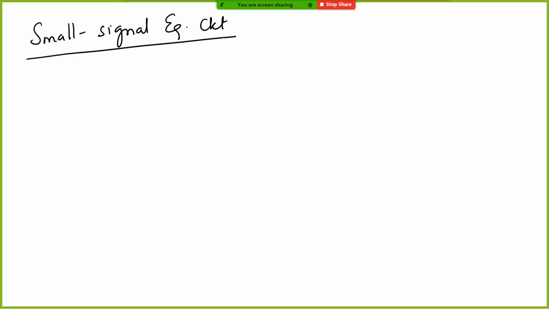Now let's draw the small signal equivalent circuit. Before we go into the small signal equivalent circuit, this can be implemented in various ways.